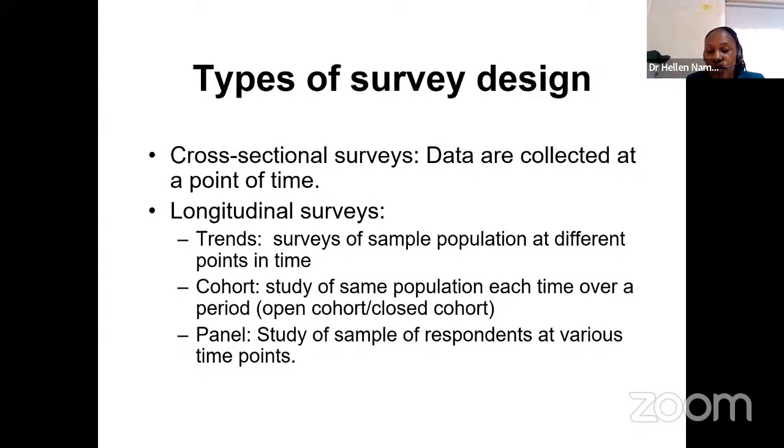You go out in a university setting, get the students, design your questionnaire, and they give you their results. After collecting data you do the analysis, and the data collection has ended. So you collect data at a particular point in time, and you end that.